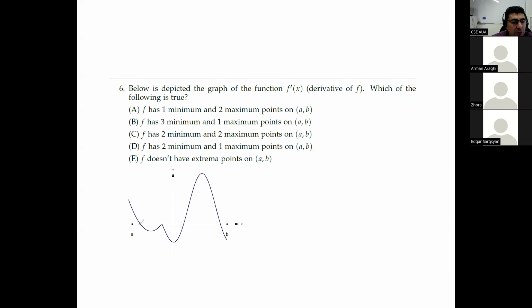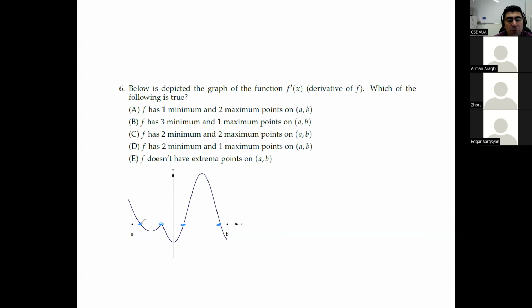Do you agree that zeros of our derivative are critical points? So, we have 4 critical points.